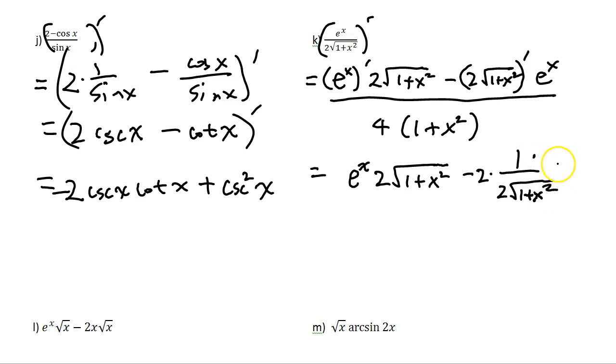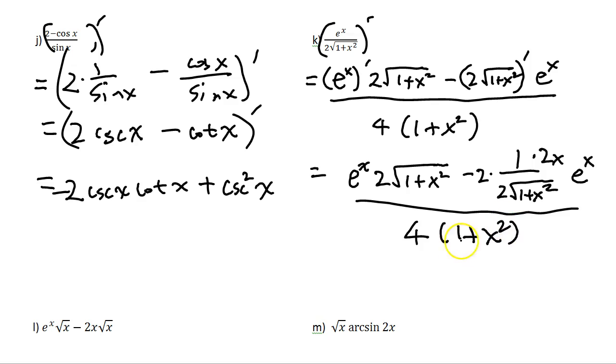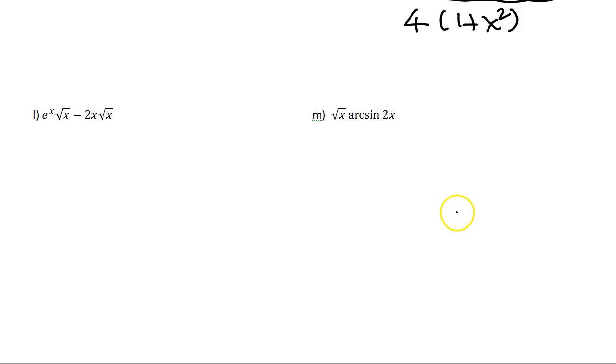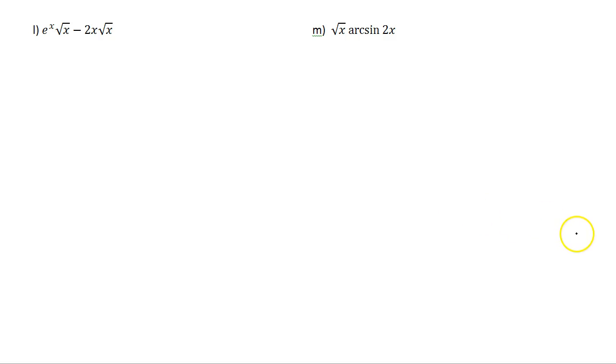The inside function has to be pulled out and differentiated. If you differentiate 1 plus x squared, that's 2x. And that goes all over 1 plus x squared times 4. Okay. And of course you can simplify further. There's even a complex fraction here, so you should really multiply this both top and bottom. But we're not going to do any simplification here.